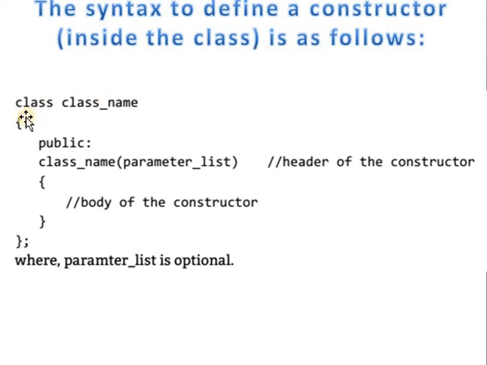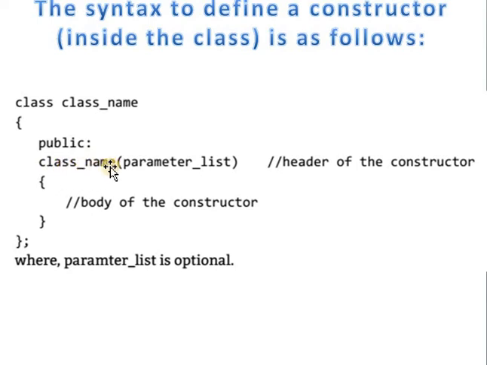There is a syntax. First, the class is there. Then next, in the class, in the public section, there is a constructor. As I told earlier, the constructor has the same name as the class name. For example, here is a class Student, then the constructor name is also Student.